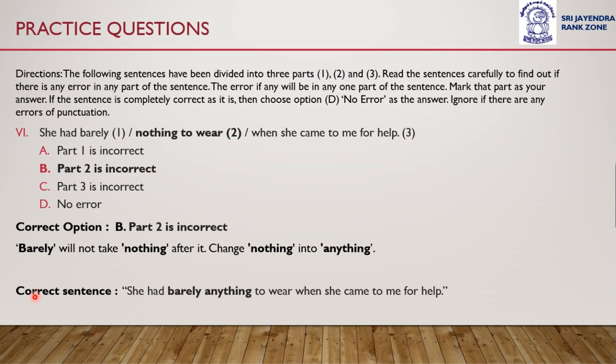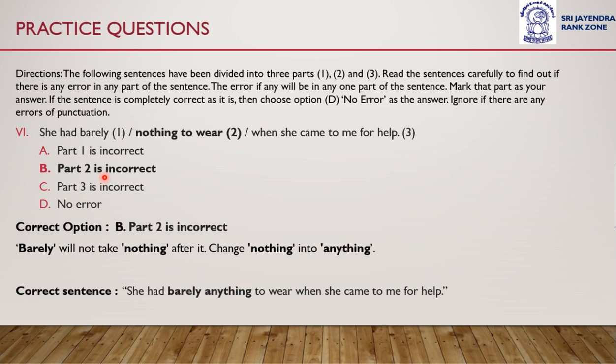Part 2 is incorrect. Barely will not take nothing after it. Change nothing to anything. The correct sentence becomes: she had barely anything to wear when she came to me for help. This is the correct statement.